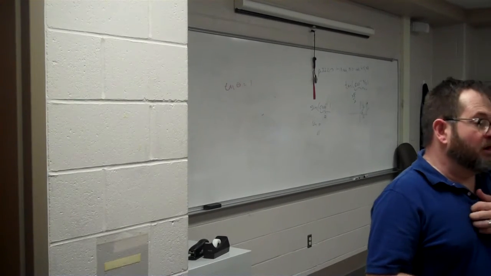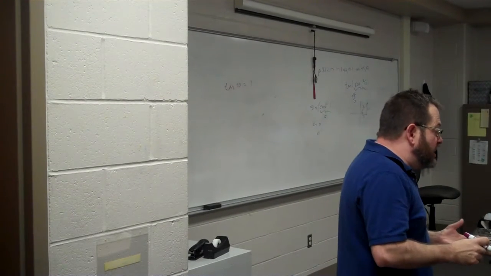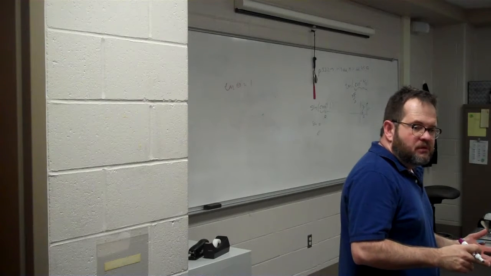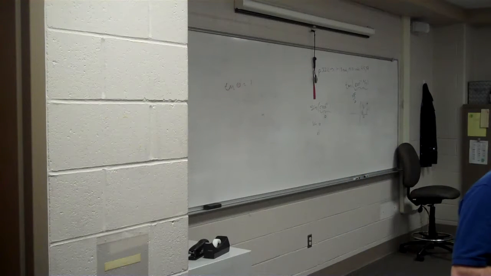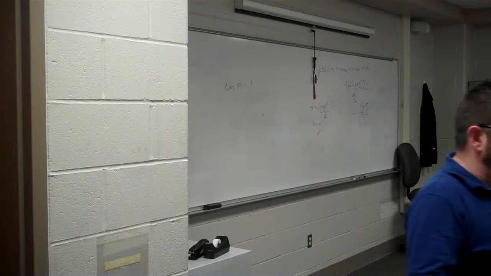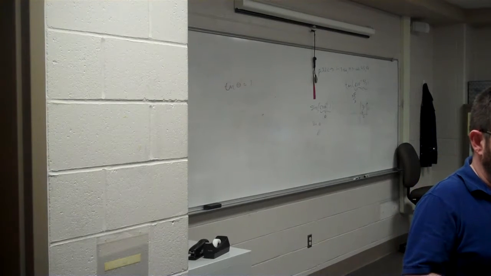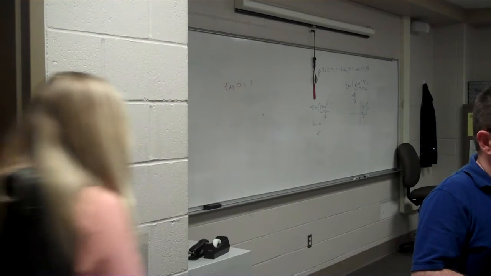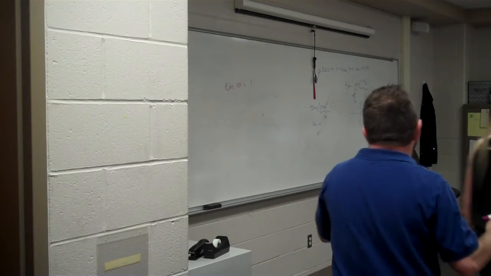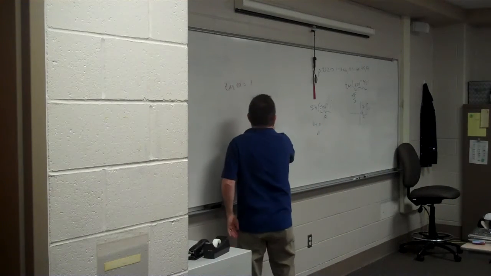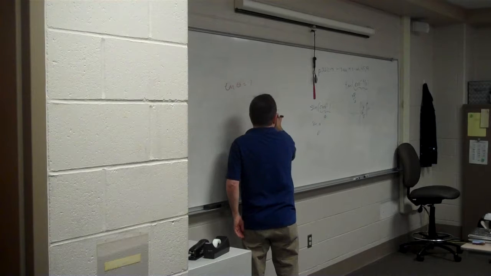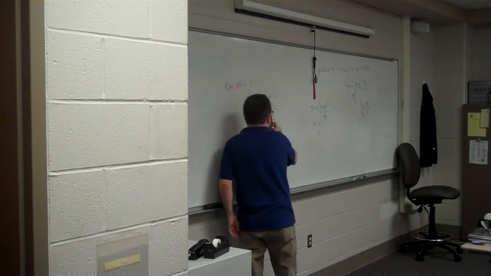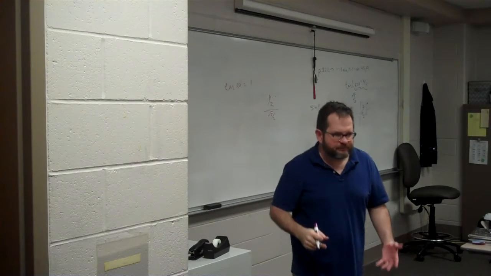Tangent is sine over cosine, so any number of angles have some value of their sine and some value of their cosine. So that's not going to be 1.